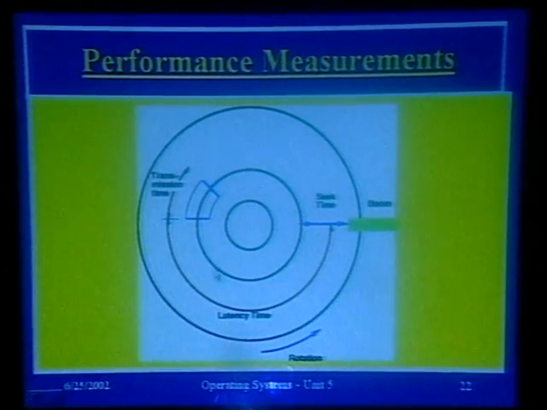Let's say if we want to read the information from this track, this will have to move this way, and we call this latency time. And then there is the transmission time. These are the three elements which are influential in how easily and with how much speed we can access the information on the disk.